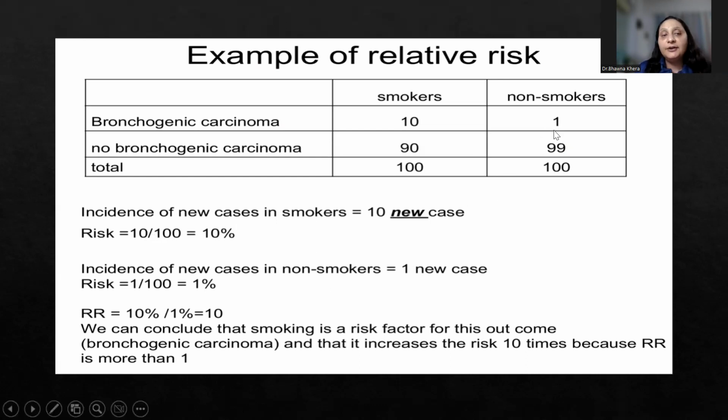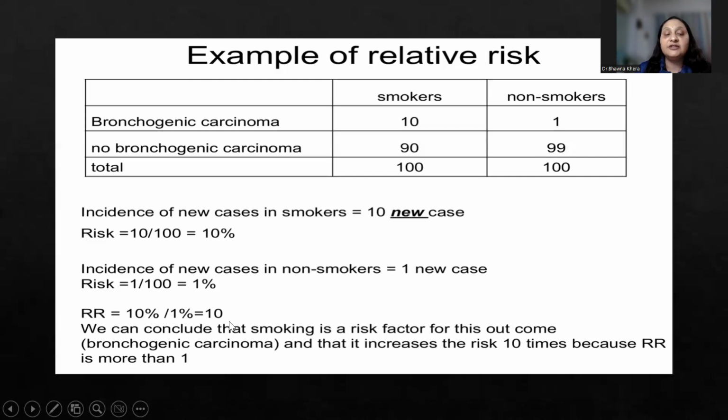Now in the second group, here it is 1. So it is 1 upon 100, which is 0.01 or 1%. Now if you divide 0.1 by 0.01, or you divide 10 by 1, the answer comes to be 10.